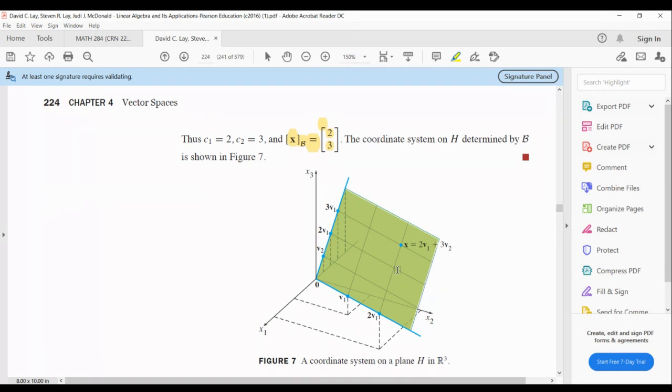But of course, it's not all the vectors in R3. It's just the vectors in that plane, because the plane is a two-dimensional subspace of R3. That's the key. The plane is a two-dimensional subspace, and you're mapping that two-dimensional subspace onto another two-dimensional subspace. Okay, does that make good sense? Are there any questions on that?